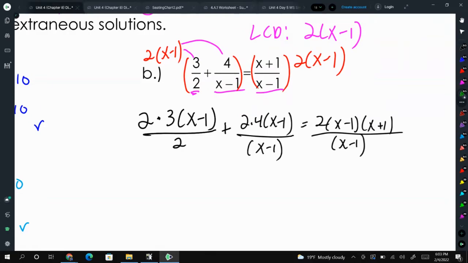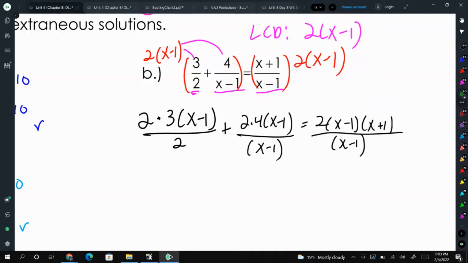So the idea here, and one of the issues that students will run into, is that they'll try to multiply everything out right away. And in some problems we did do that earlier when we were simplifying complex fractions. And that's why I said it's very situational about what you do.